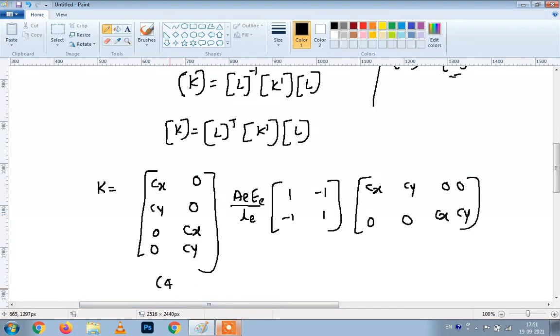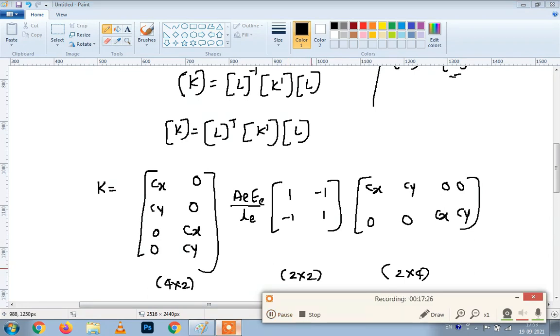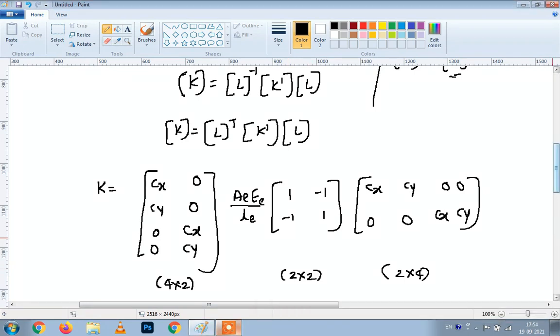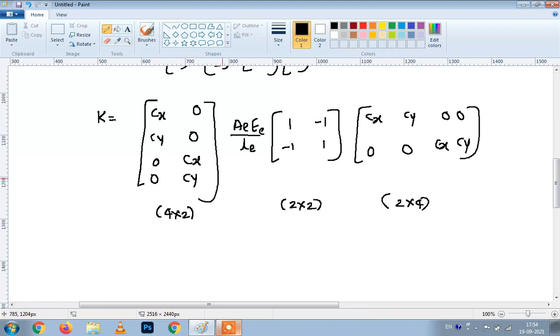Now we have to multiply this. This is a 4 by 2 matrix, the second one is 2 by 2, and the third one is 2 by 4. So while multiplying, this AE by L will be out of the bracket.